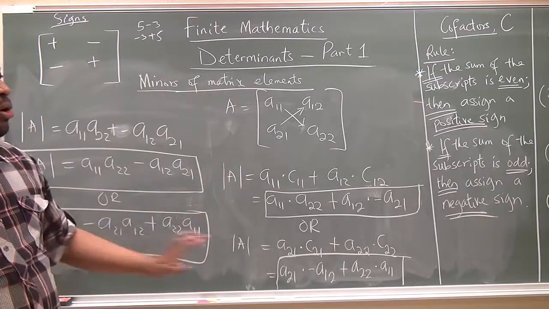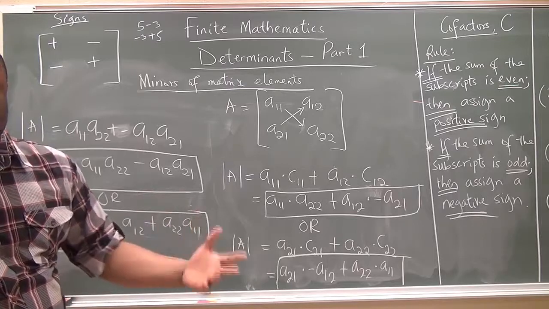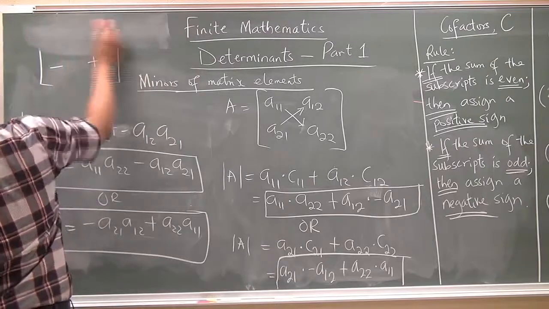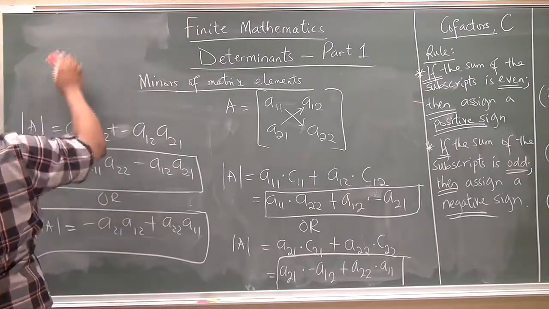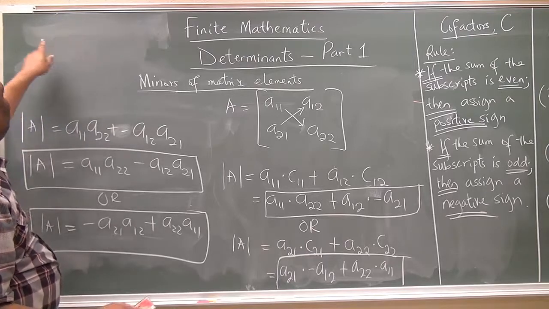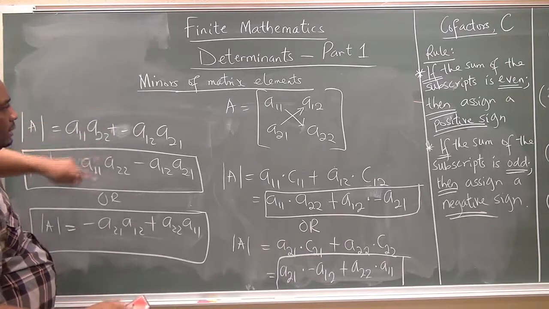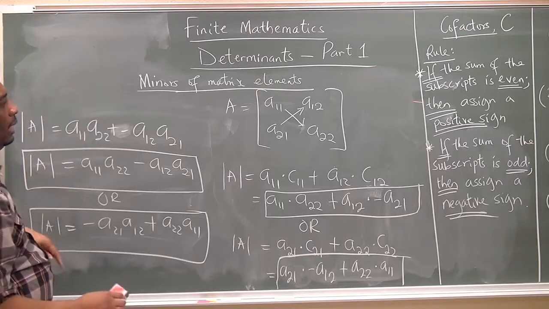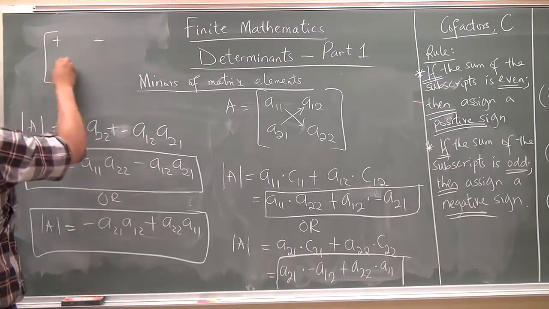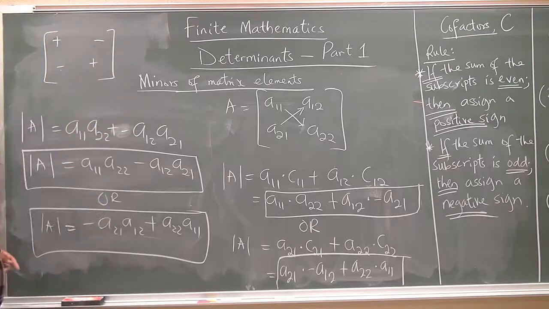Alright, so we can go ahead and solve some questions. I have been talking. Now let's solve some questions right away. If you see the signs I did, it will tell you plus, minus, minus, plus. This is plus A11.